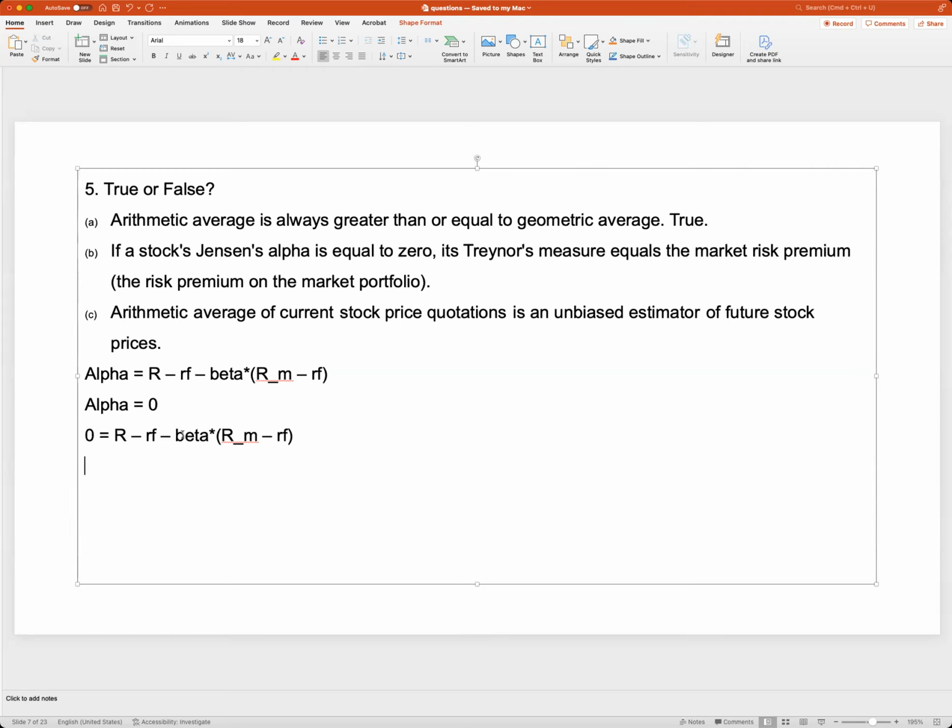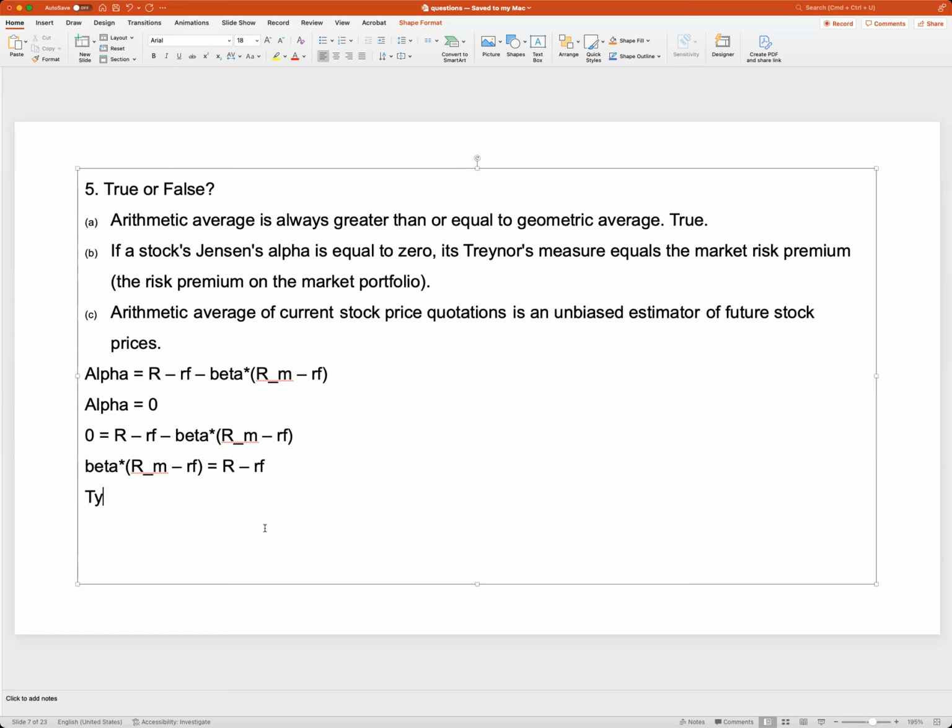Let's just try to move these terms over. I'm going to move this term to the left. On the left, I have market beta times market risk premium. On the right of the equation, I have R minus Rf. That's the stock's excess return.